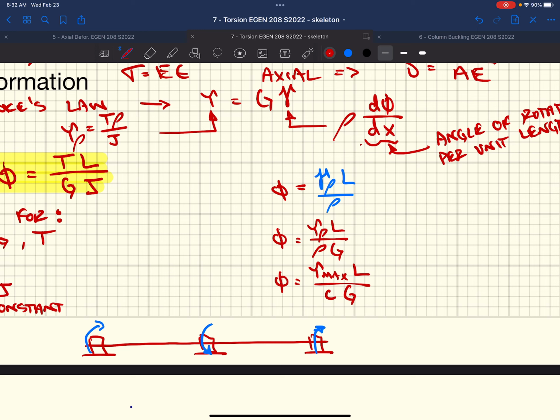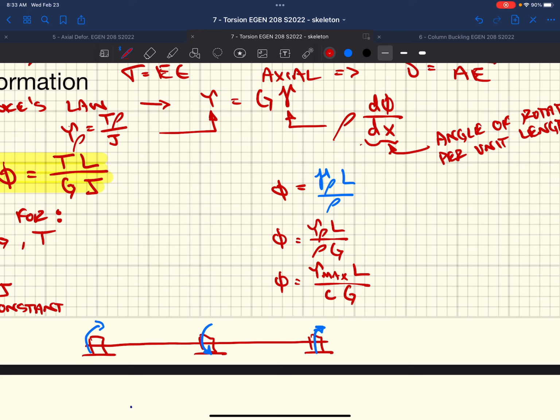You can calculate that rotation, in radians, in a number of different ways by making different substitutions in this equation. I won't bore you with the details of how to get to these, but just know that there are other versions. If you were given, say, the strain at some radius rho and the length of the shaft, you can figure out the rotation.